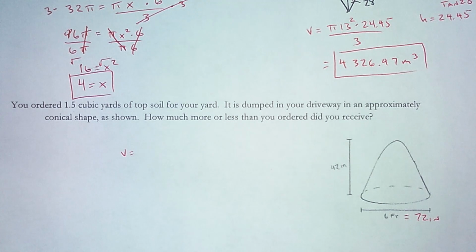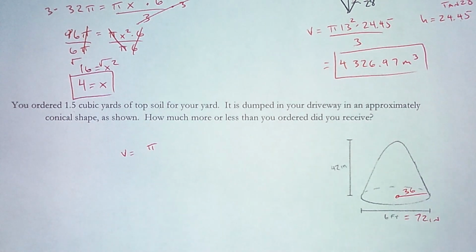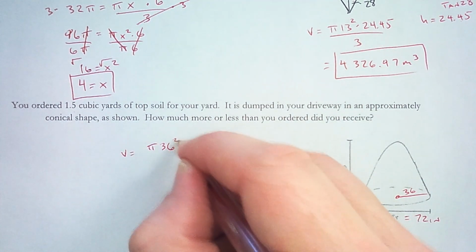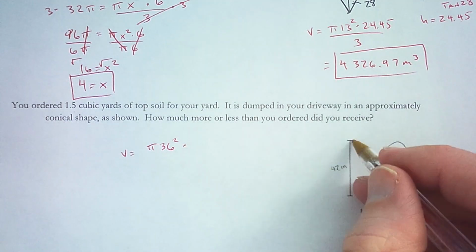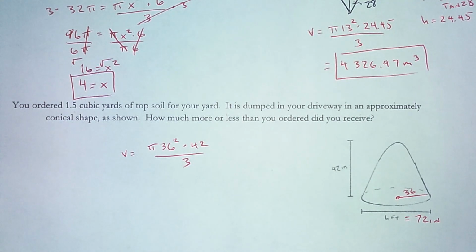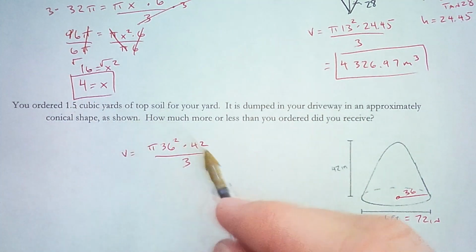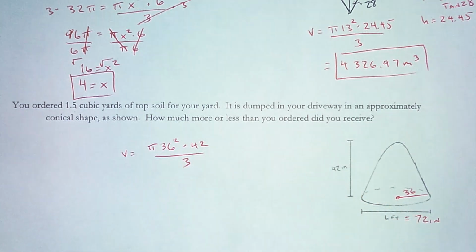So the volume is pi r squared h. So that's pi times the radius, which is half of 72, 36. 36 squared times the height, 42, divided by 3. Now we're dealing with a real-world example here. There's no pi in this anyways, so we do not want an exact answer.